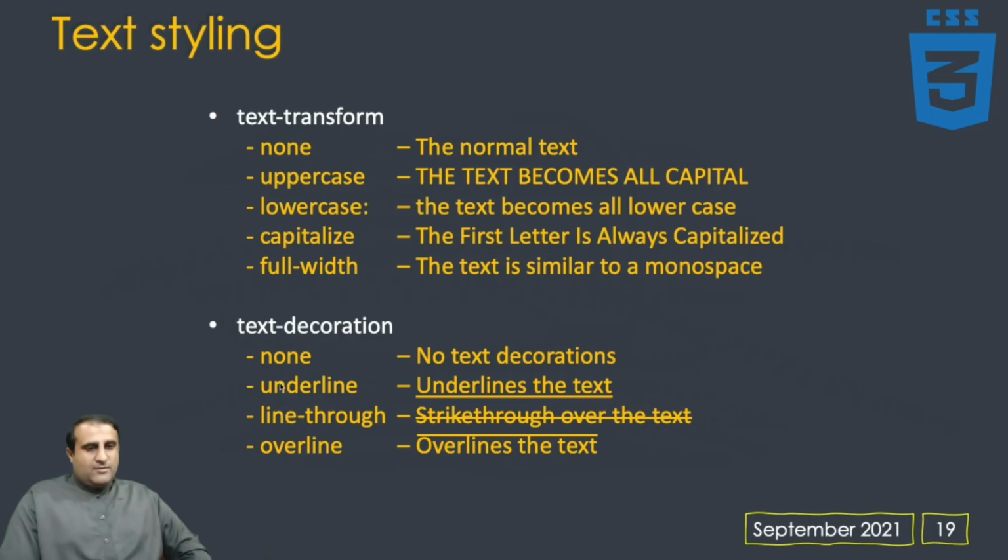Note that we can use all these values for text decoration. So text decoration can be underline, line through, and overline at the same time. We can apply these values together, but mostly we will be applying only a single value as the use case.